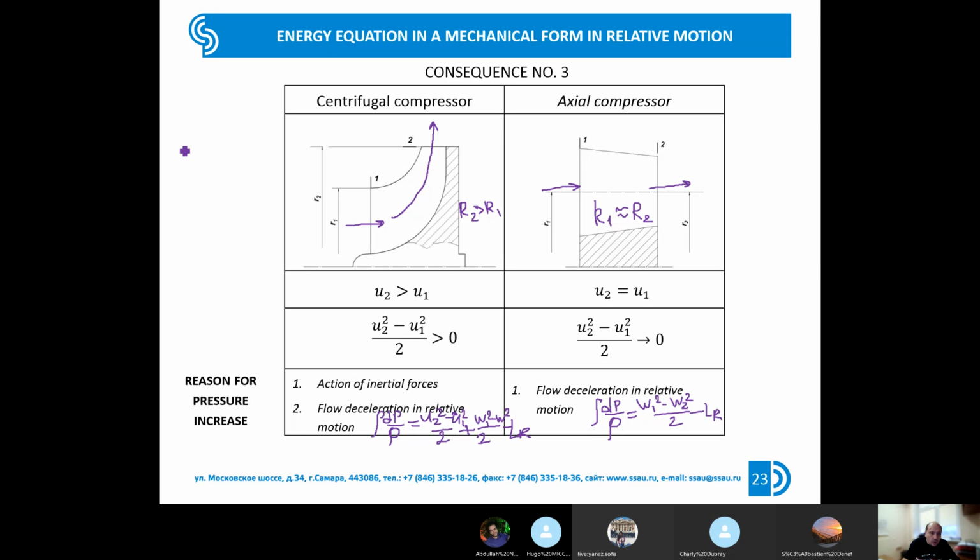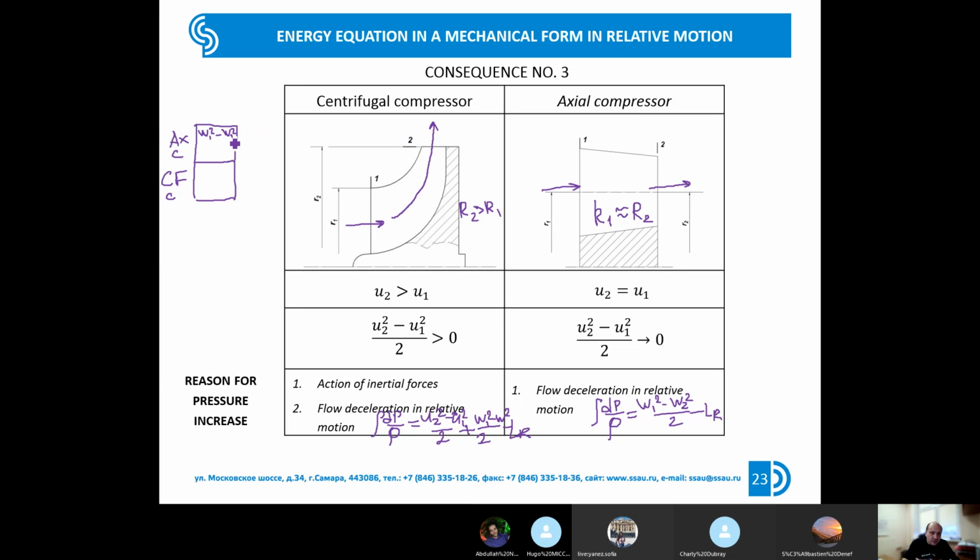That's why let's draw the scheme. Axial compressor, centrifugal compressor. And let's draw the part of energy which we are supplying for increasing pressure. In both cases, we are supplying for increasing pressure the change of kinetic energy in relative motion.